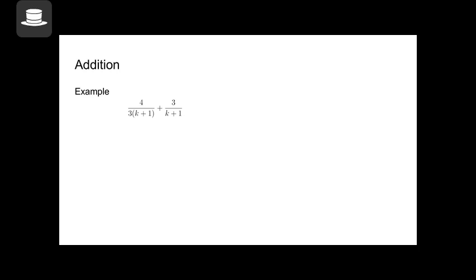Okay, so for this one, I already have a 4 over 3 times k plus 1. All right, but if I notice here, I have k plus 1 in my second one. So if I just multiply it by 3, then that becomes 3 times k plus 1.